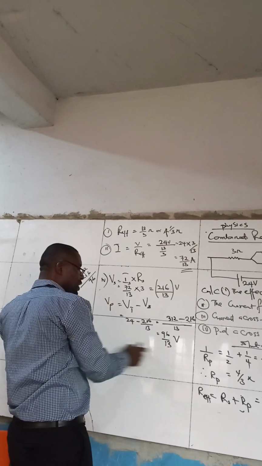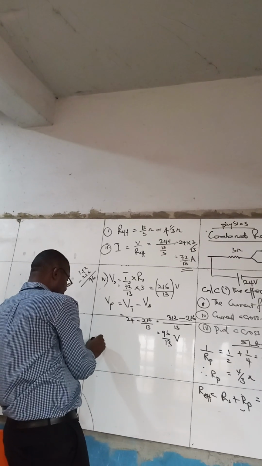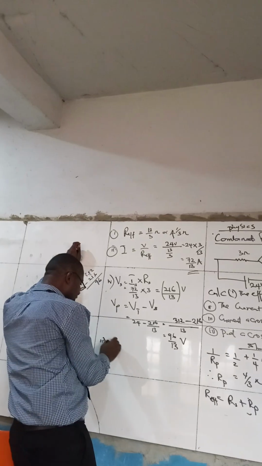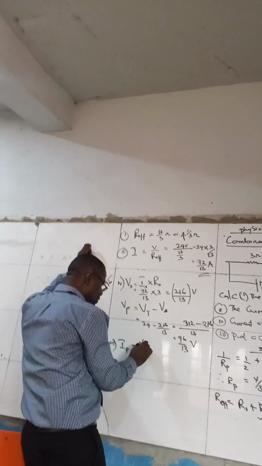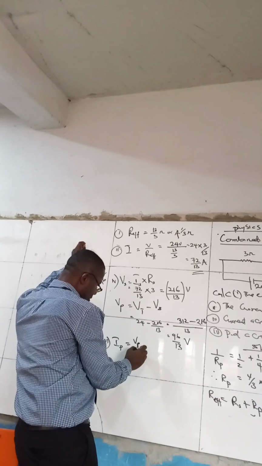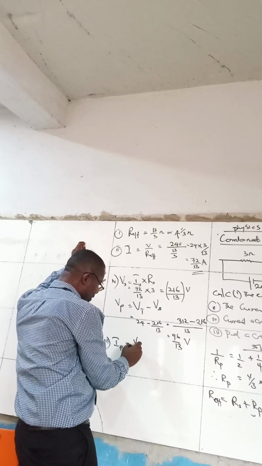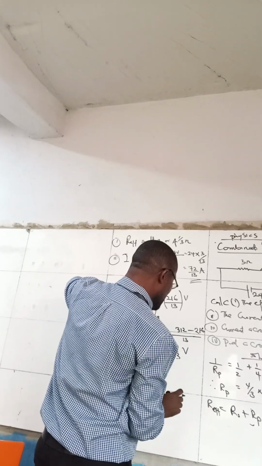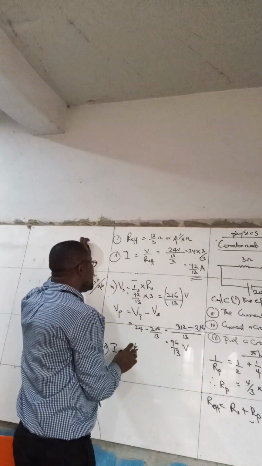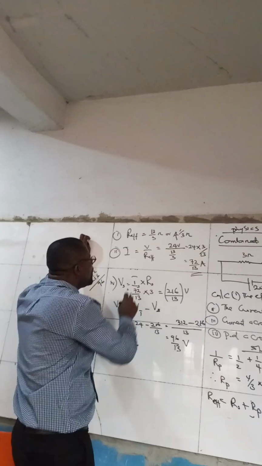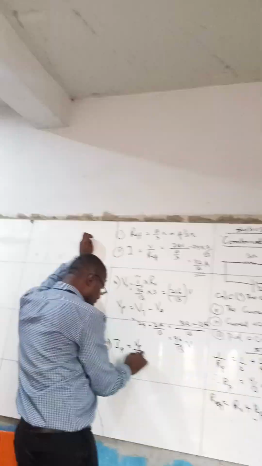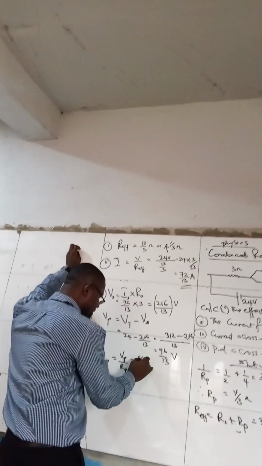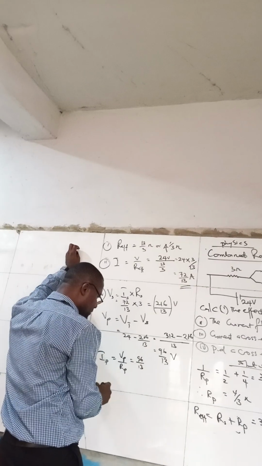From here, you can now talk about the current in each of the resistors. The current in the parallel is equal to voltage over resistance, the voltage in the parallel over the resistance of the parallel. What is the voltage in the parallel? 96/13.